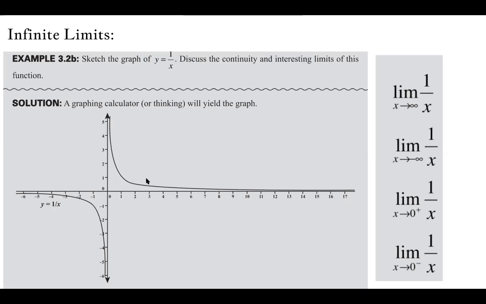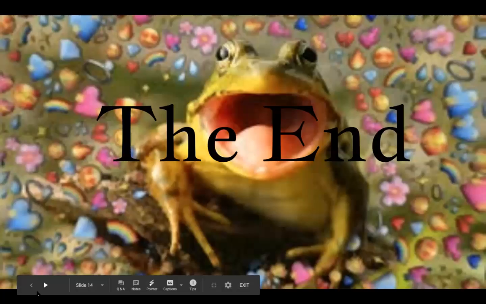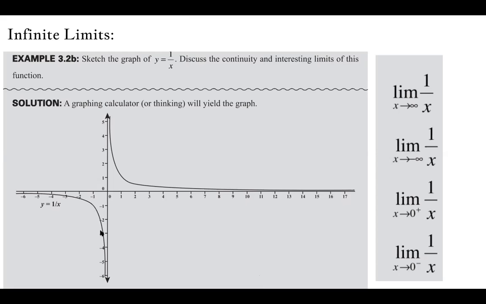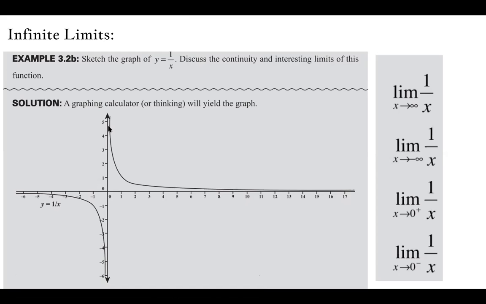And notice how f of 0 is actually undefined, because we have a vertical asymptote here. We would have to pick up our pencil because we're getting infinitely small, then pick up our pencil over here, where we're infinitely big, because there's an asymptote. So that would mean that this function is not continuous.